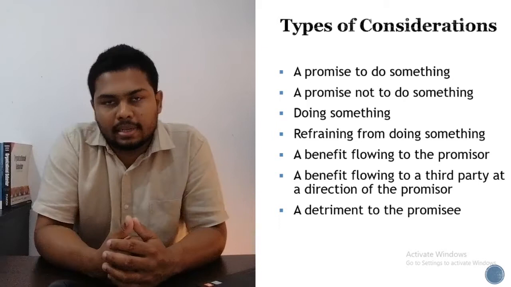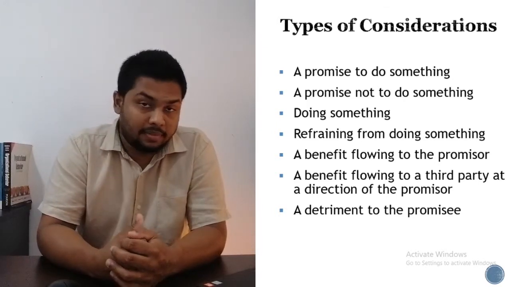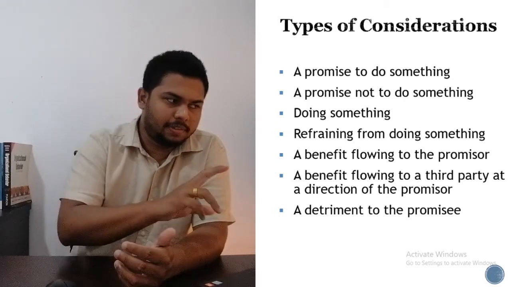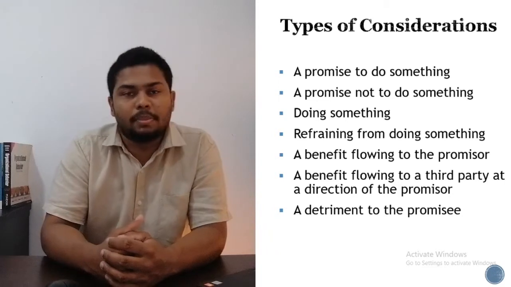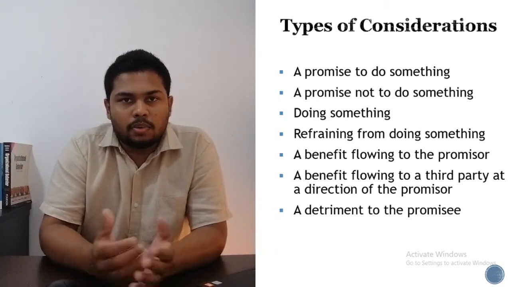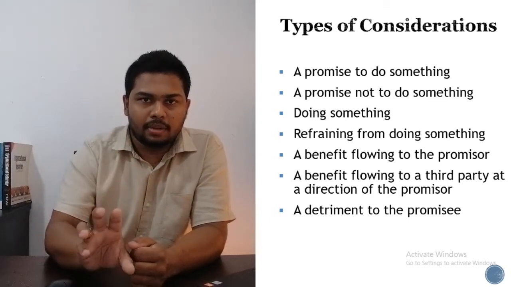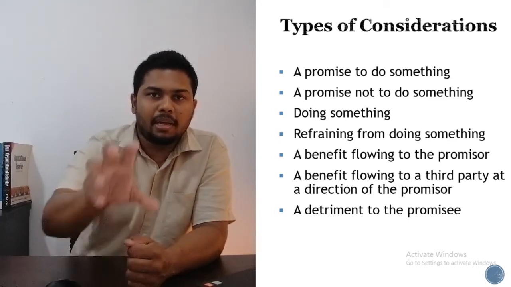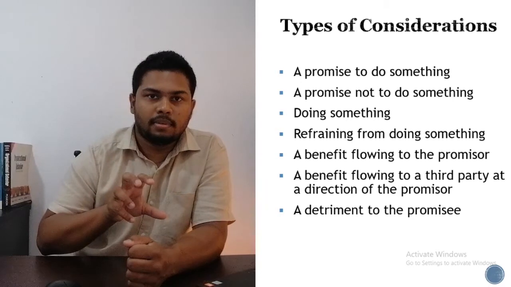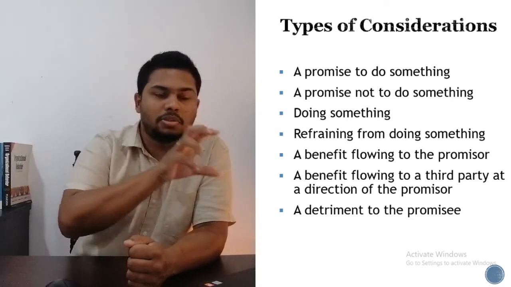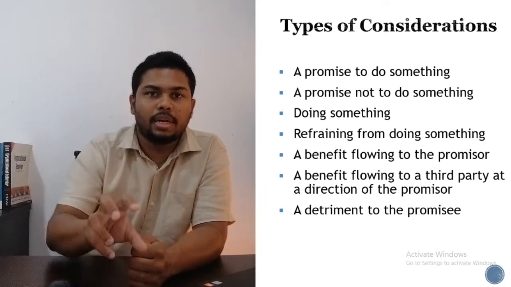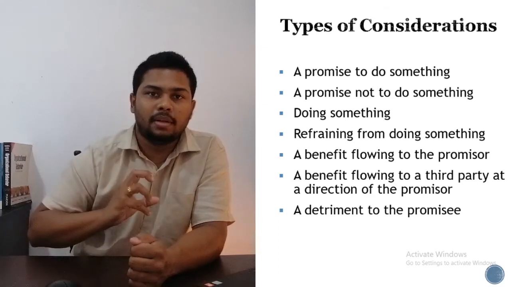There are types of considerations. When it comes to types of consideration, there are varieties. The first one is a promise to do something. Let's look at our example. I will give you my property because you are paying me a sum of money. So I promise to do something, and in return you promise to do something to me as well.